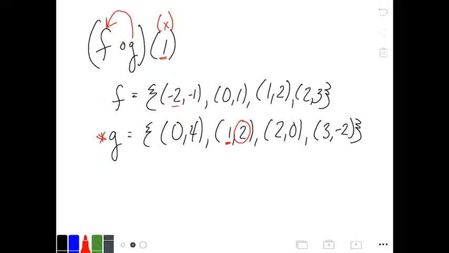Well, this is negative 2, so that's not it. This is 0, so that's not it. This is 1, so that's not it. Well, here you go. That's where the 2 is. So the question is, what y, or f of x in this case, corresponds with x being 2? Well, it's 3. So the actual answer for number 13 is 3.